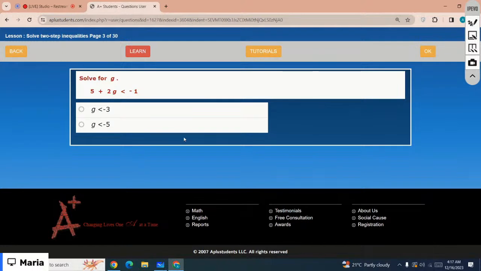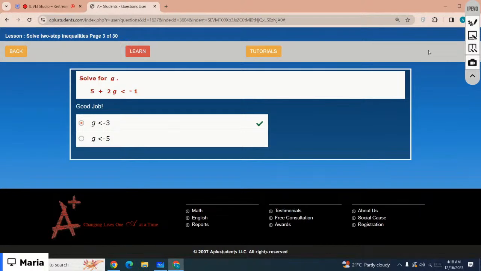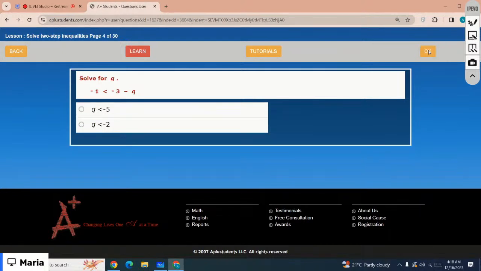Yes, the solution is g is less than negative 3, right? Option 1 is the correct one.